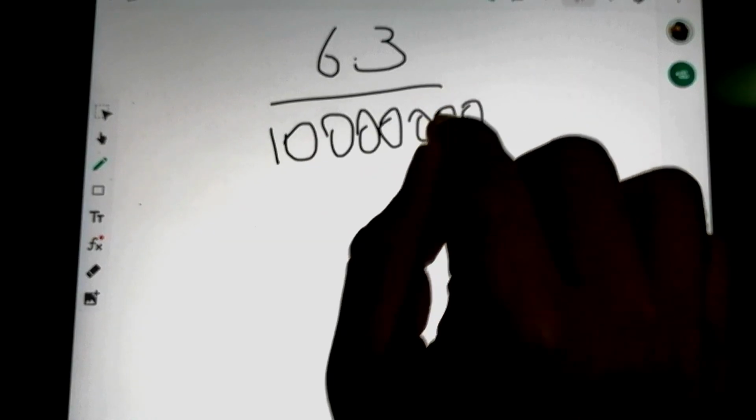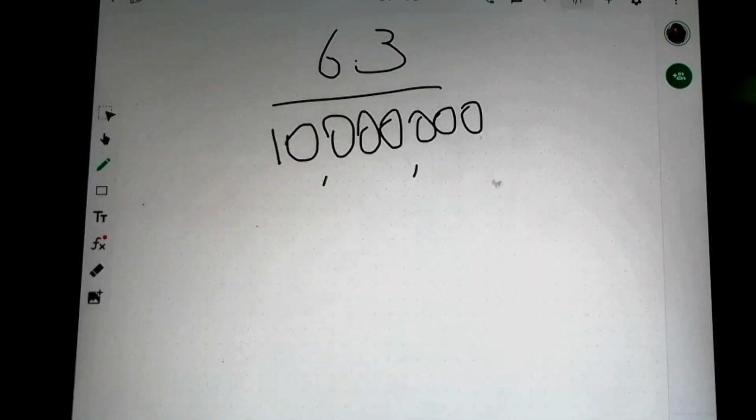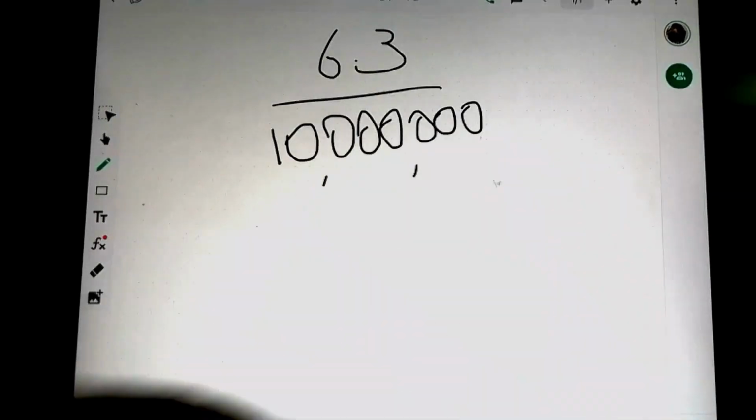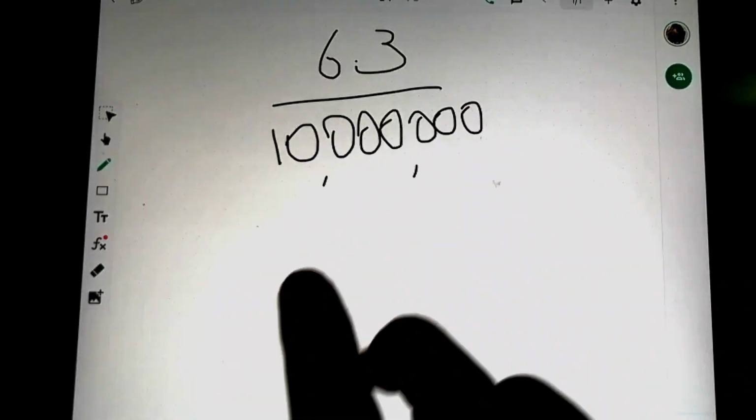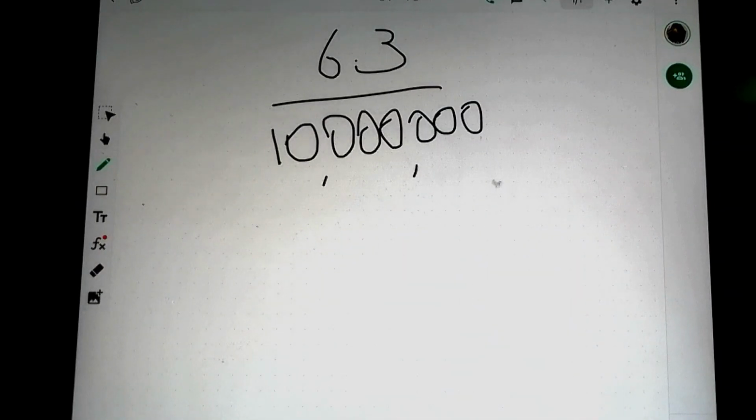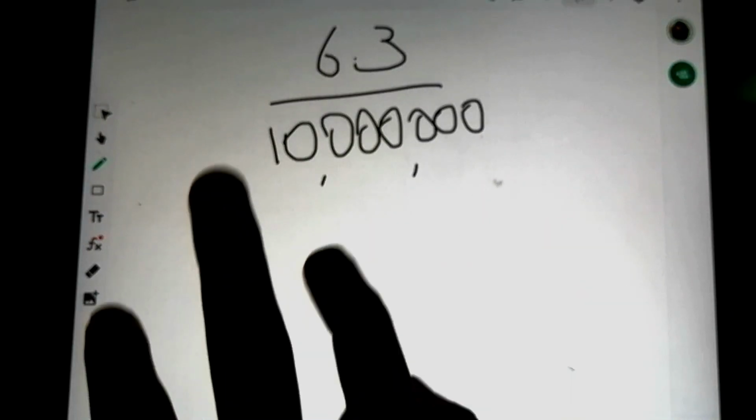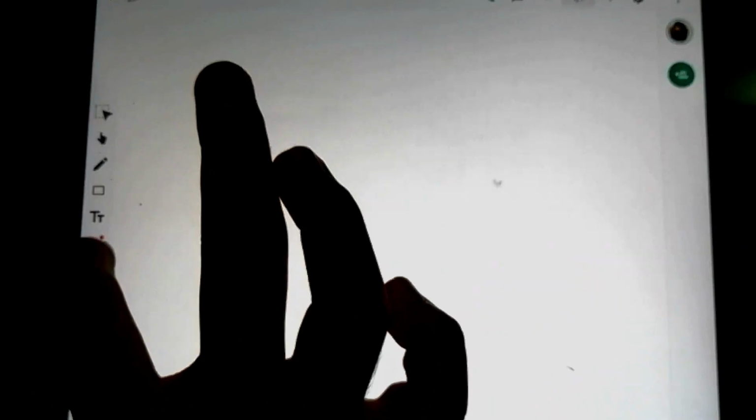1, 2, 3... that's 10 million, right? So 6.3 divided by 10 million. And if you know how to multiply or divide with decimals with zeros involved, the decimal point, when divided, will go back however many zeros there are. So in this case, we'll go back 7 spaces.